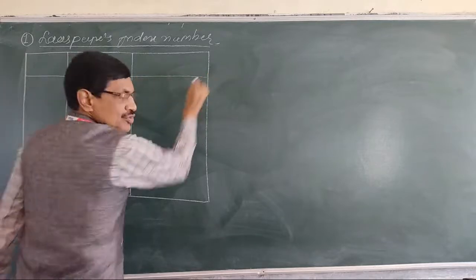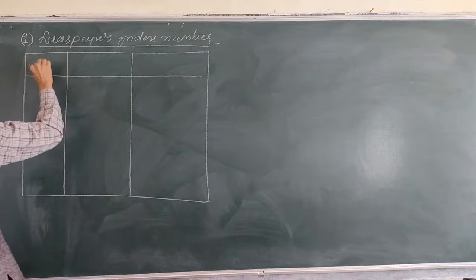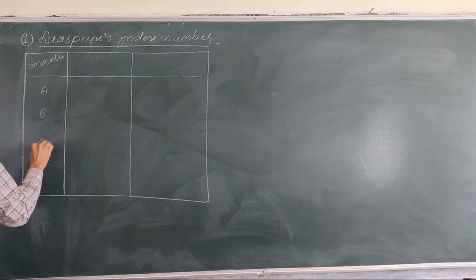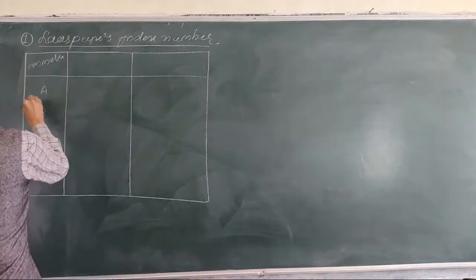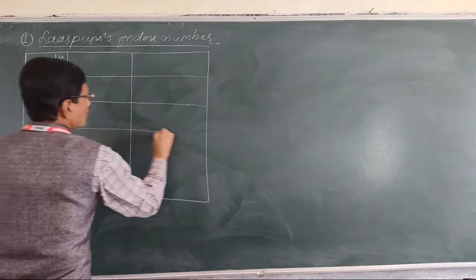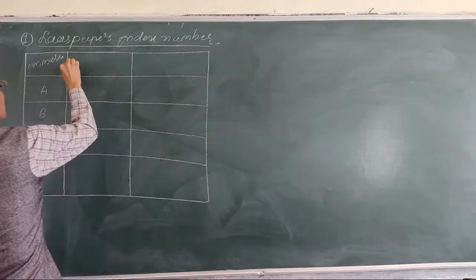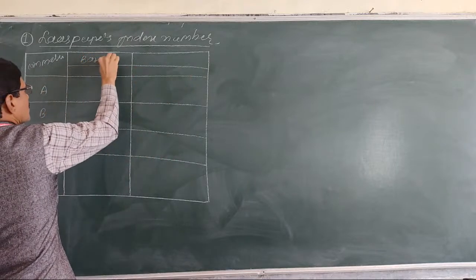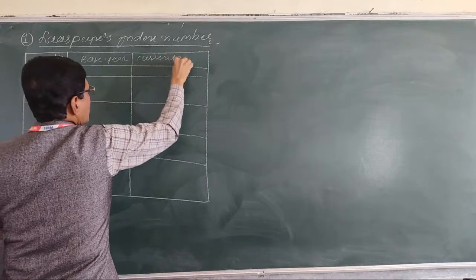Okay, so first is the commodities A, B, C and D. This is the base year and current year.